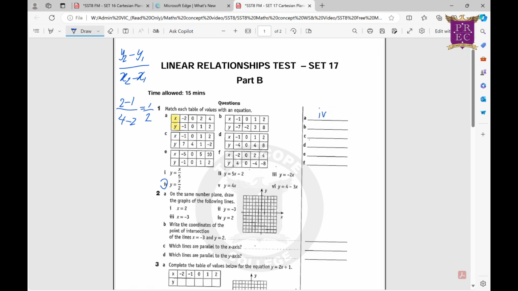Alright, next one. What's the y-intercept? -2. So we can write it down here. Actually, now that we have the y-intercept to be -2, we don't even have to do anything else because we know that this is the only one with -2. So we can write that already.